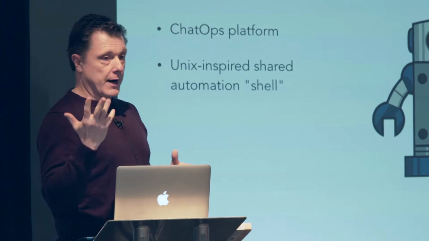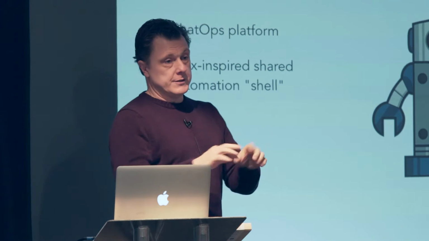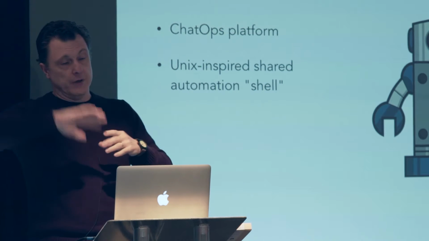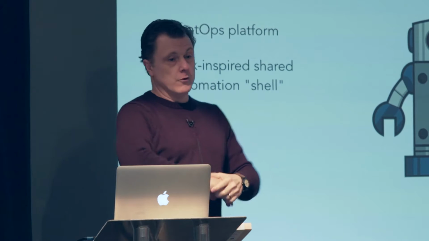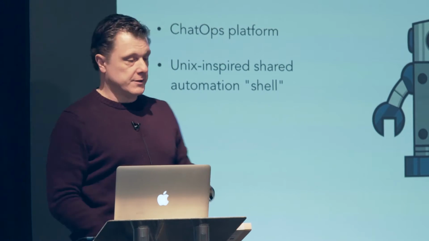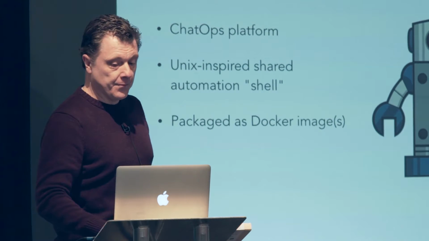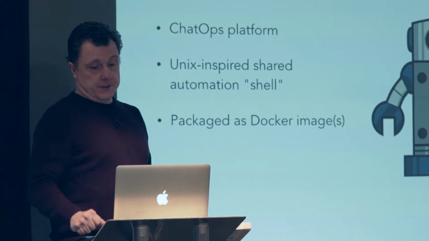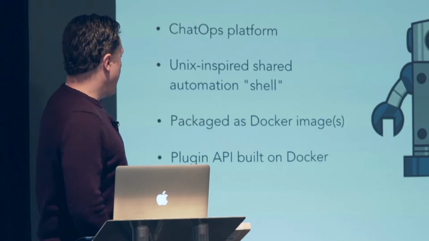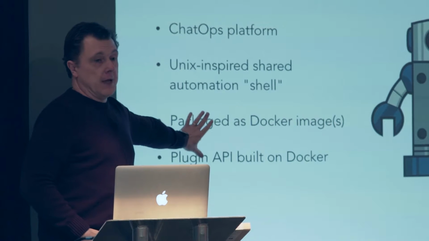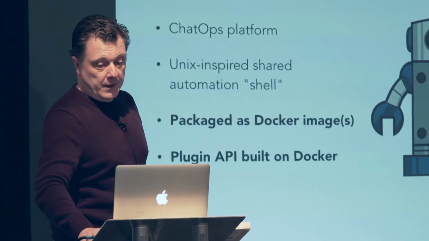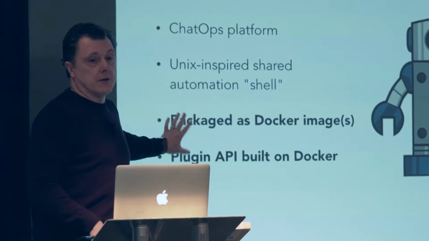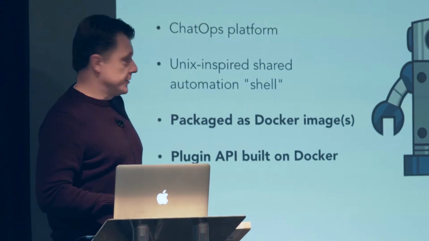You can do output redirection, so you can run a sequence of commands and send the output to another chat room or several chat rooms or a direct message, all kinds of stuff like that. And it's packaged primarily as Docker images, and our plugin API is built on top of Docker. These last two points are the ones I'm going to focus on for this talk.